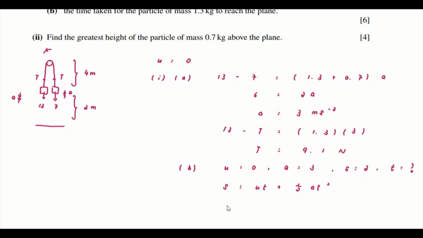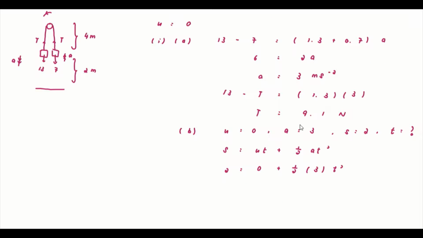Let's substitute: 2 equals 0 plus 1 over 2 a t squared. I'm not going to solve the maths thing. It's basically you will get 1.5, so 2 divided by 1.5, we can get 3. From that, t will be equal to 1.15 seconds.